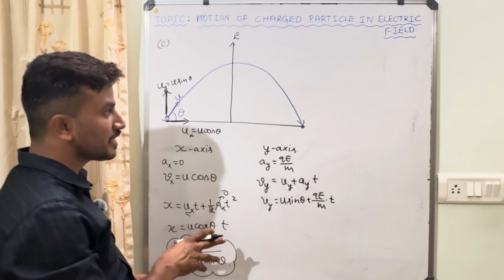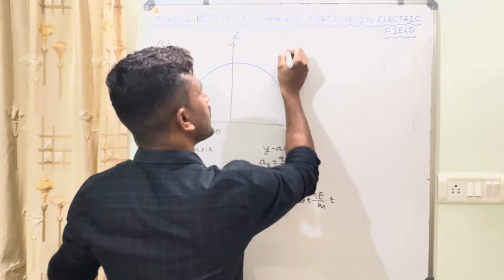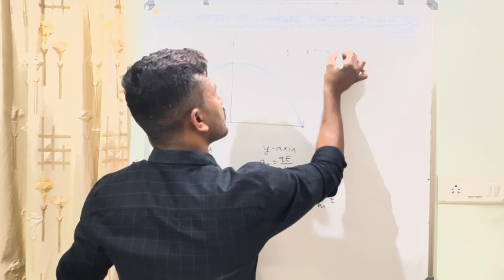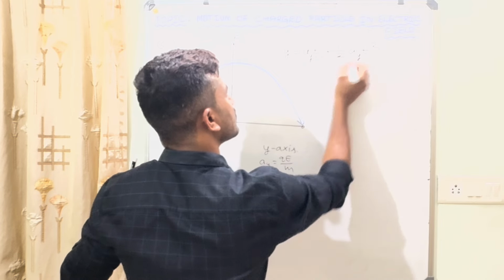Now what is displacement along the y-axis? This is very, very important. Displacement along the y-axis is equal to ut plus half at square along the y-axis.